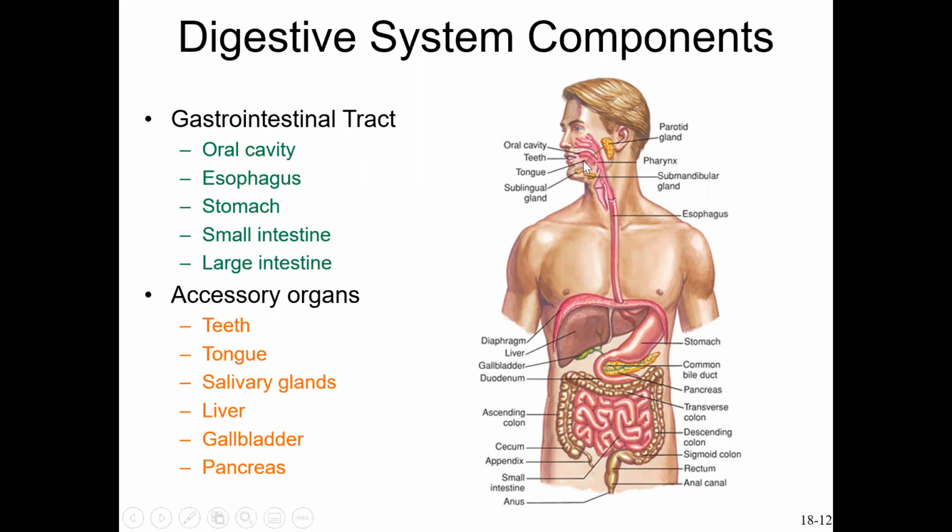So oral cavity down to the esophagus takes the food to the stomach. Then you go into the small intestine first, so small first, and then into the large intestine, and then out through there. Okay, then we'll also talk about some of the teeth, the salivary glands, the gallbladder, liver, and pancreas.